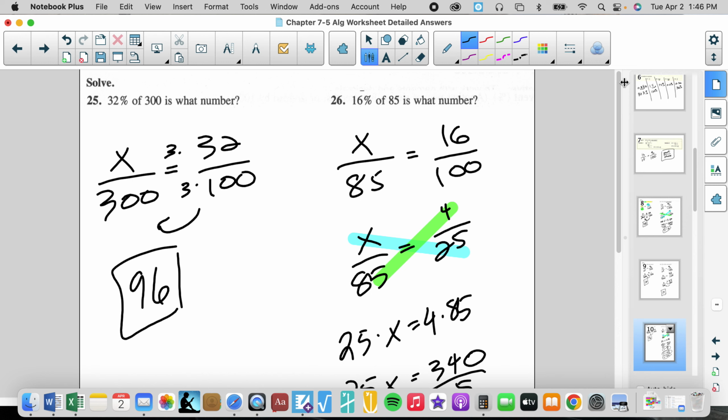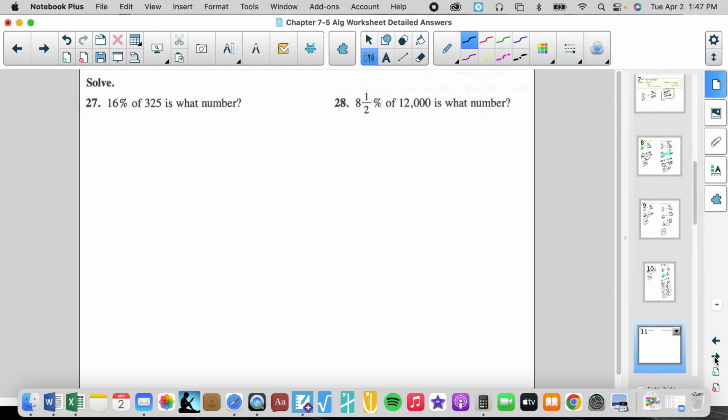When you want 16% of 85, you could do 0.16 times 85 is what number? Is is the equal. So that's one technique. I like this. This is typically how they want it. Is over of equals percent over 100.